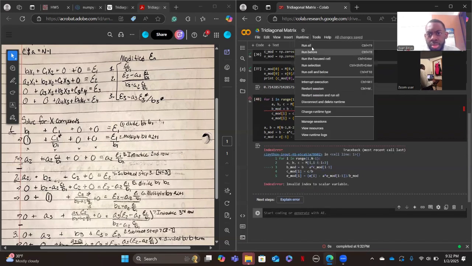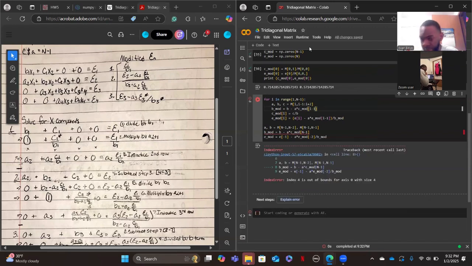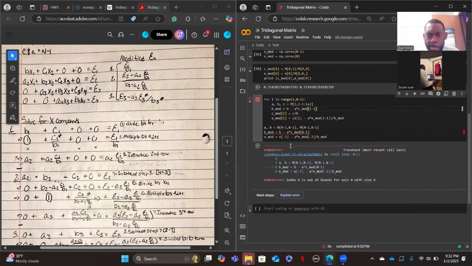Why is it doing that? I need to disconnect it. Oh, now it works. Okay, index 4 is out of bounds.